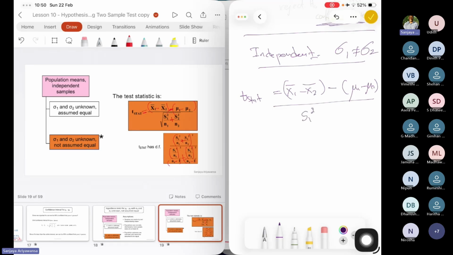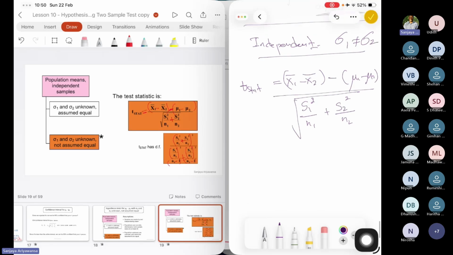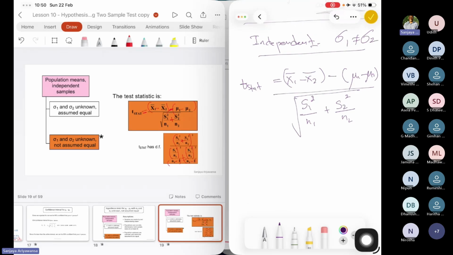So instead you put the sample variance of your first sample plus the sample variance of your second sample, and you take the square root of all of that. Not much of a difference. You're basically estimating, because these two are not equal and they are unknown.